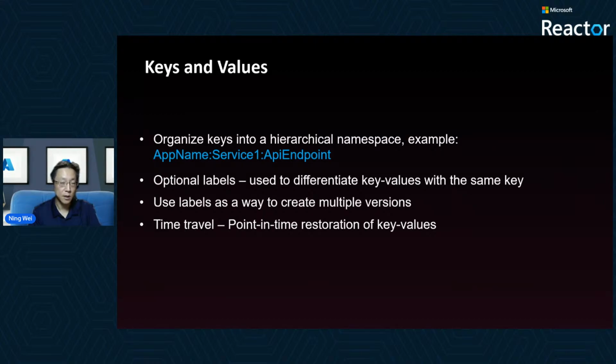So for example, in the example given over here, you can form the application name, service name, and the feature name, for example, in a sort of hierarchy, but of course it's really up to the application to define. Optionally, you can use a label to indicate, hey, this key is for production environment, or this is for version 1, version 2, right? So you can use the label as a flexible means to provide another dimension for your keys.